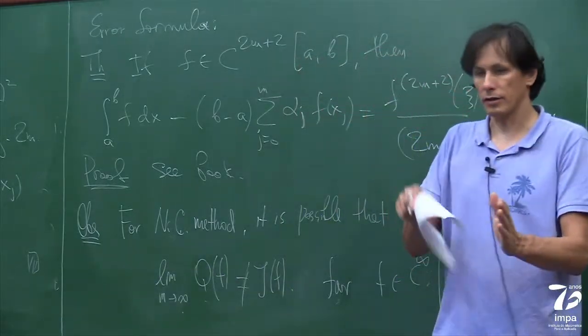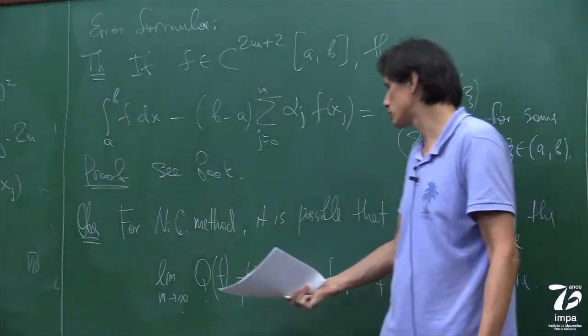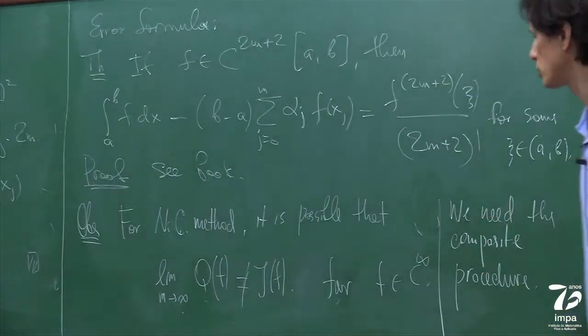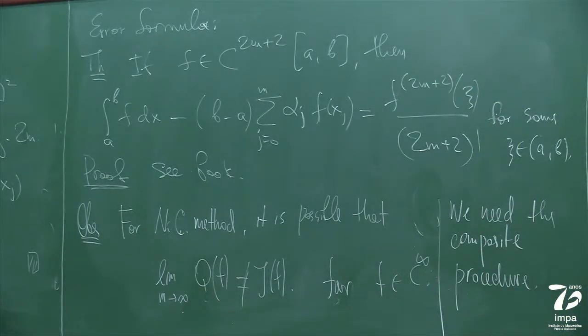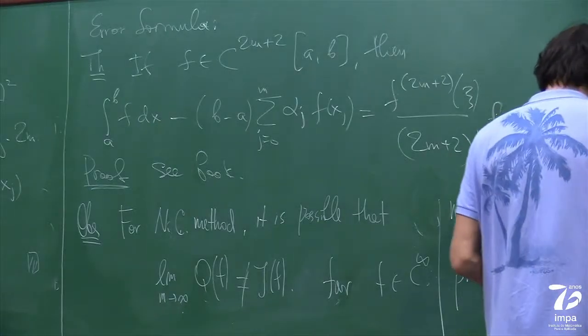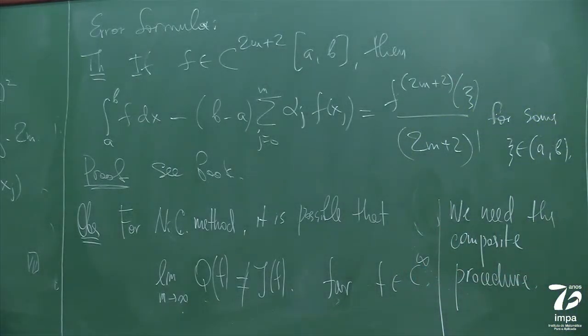You have to cut the interval into a bigger number of subintervals and use a quadrature with fixed m inside. This is the only way you can really converge to the exact integral as well as you want. With Gaussian quadrature, it's different. You can prove that it works. I will not do it.